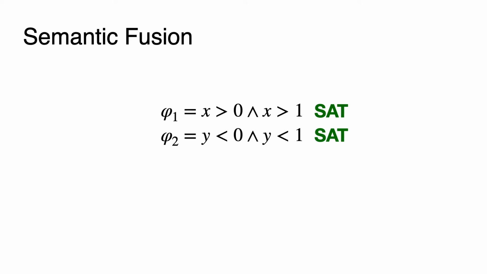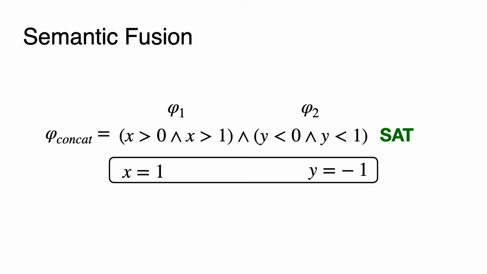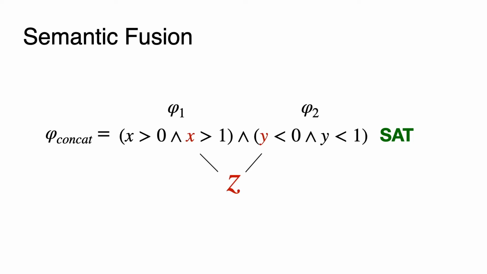Given two satisfiable formulas that do not share variables, semantic fusion first concatenates them by formula conjunction. The concatenated formula is also satisfiable by construction, since there is an assignment for x and y to satisfy the formula.